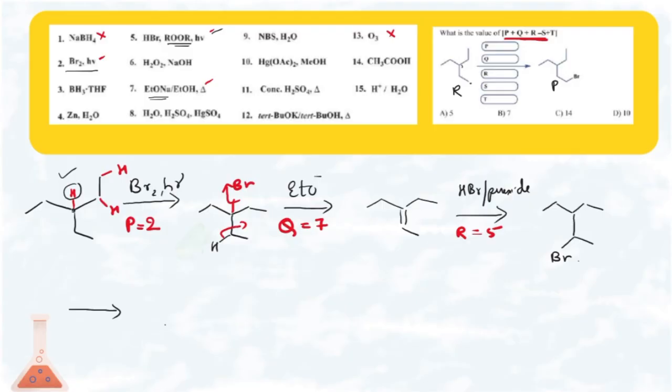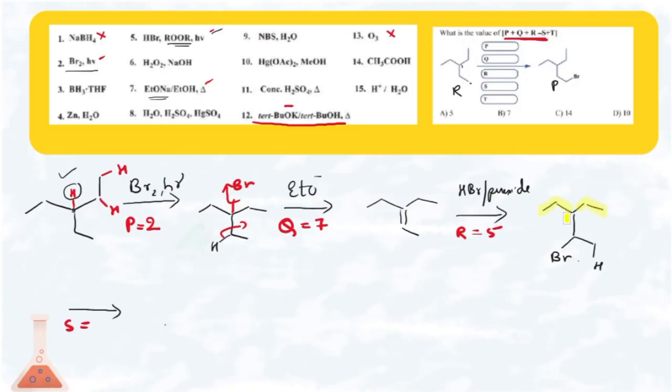Now let's check for S. What is S here? Of course, we have to do the dehydrohalogenation, and for that we need a base. Which base are we going to use here? Let's use tertiary butoxide. This will help us to remove the proton from the less sterically hindered side. Here, it will not remove from here because of the steric hindrance due to these groups.